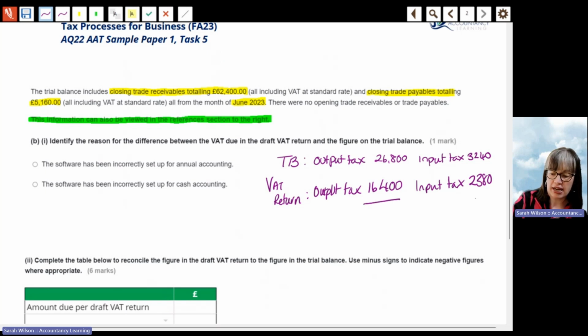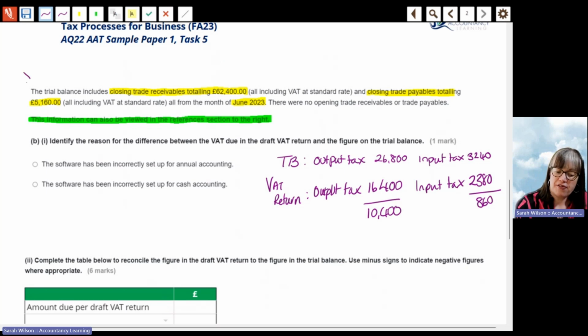So when we calculate what the differences are between the draft VAT return and the figure on the trial balance, we get that there's a difference of 10,400 for output tax and 860 for the input tax.